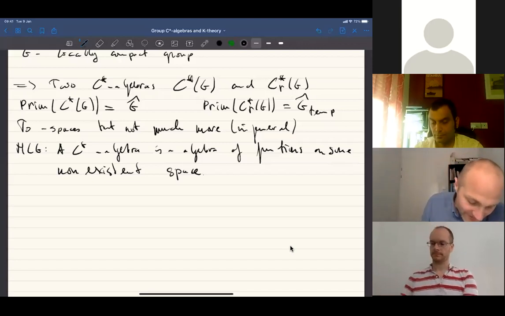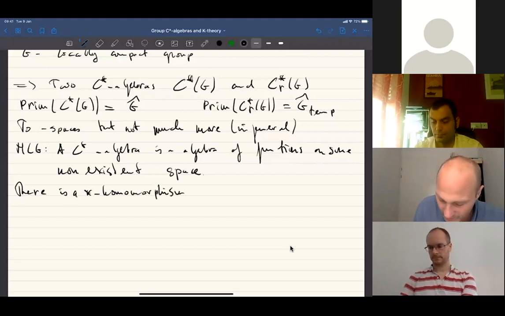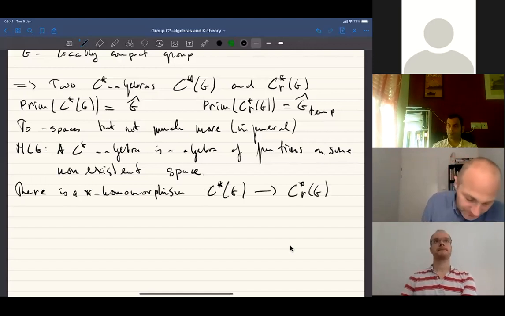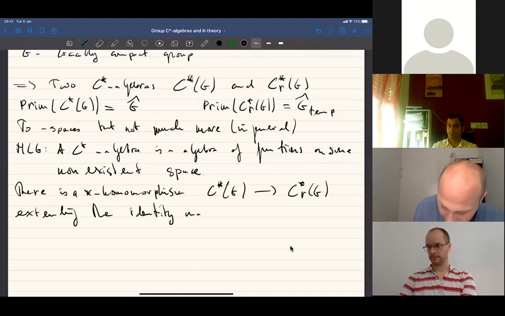I ended yesterday with the following. There is a star homomorphism from C-star of G to C-star reduced of G, extending the identity map.